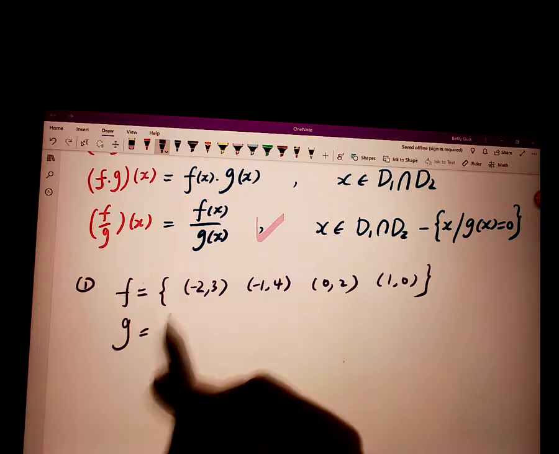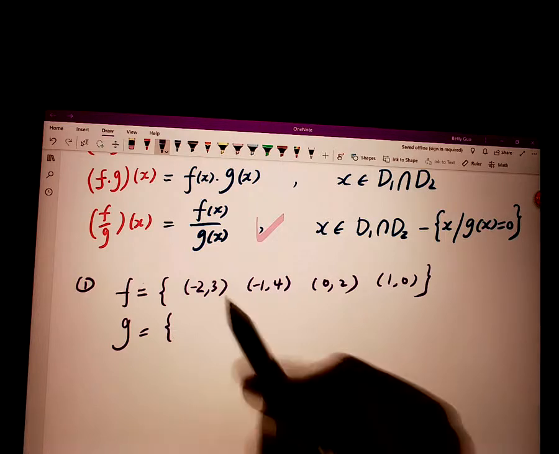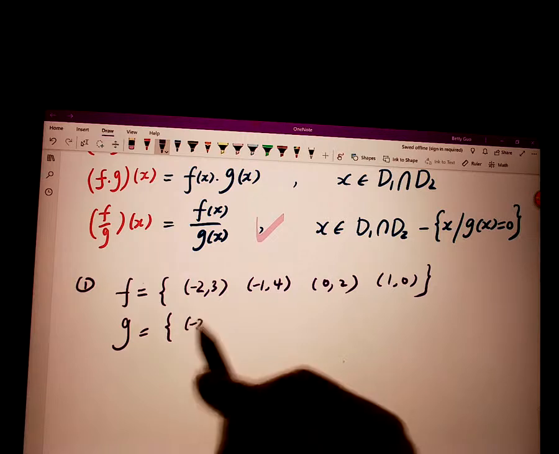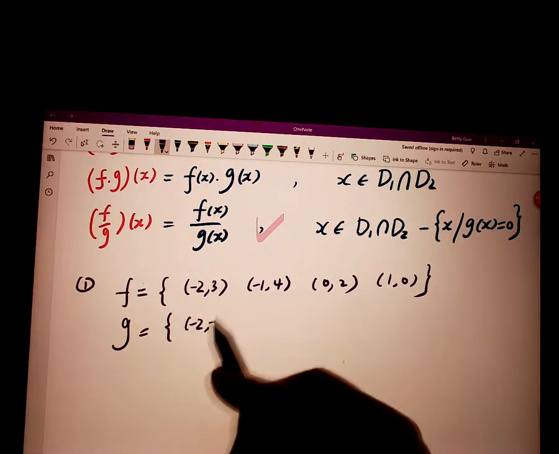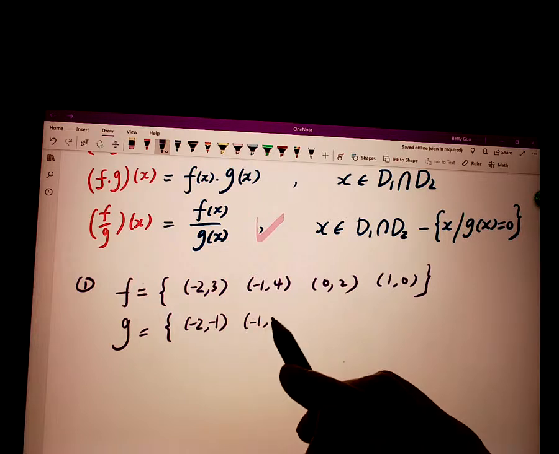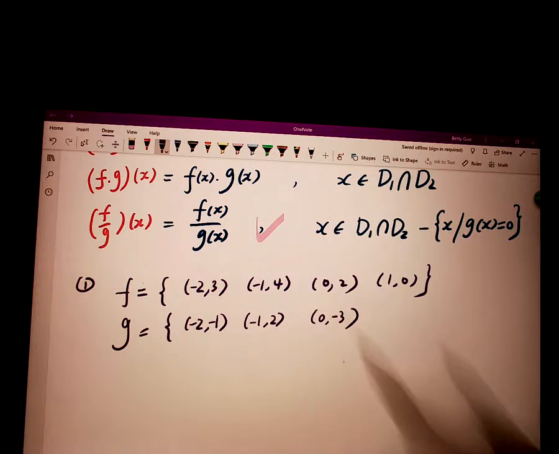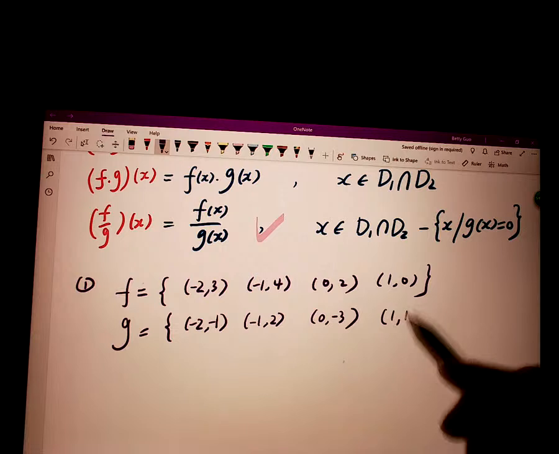Another function g is also a finite set of ordered pairs: (-2, -1), (-1, 2), (0, -3), (1, 1).